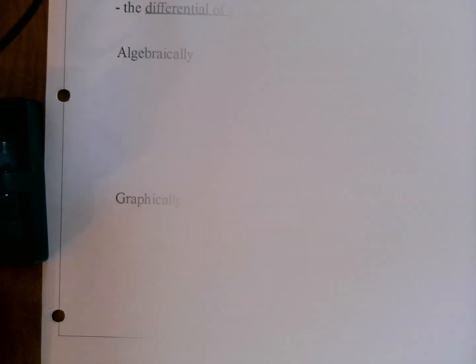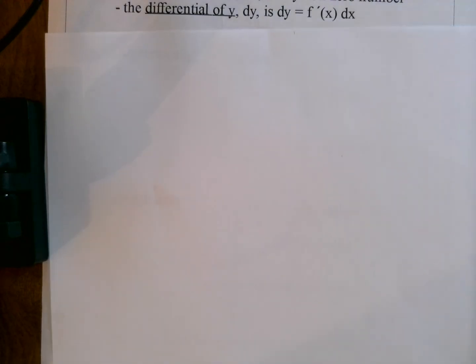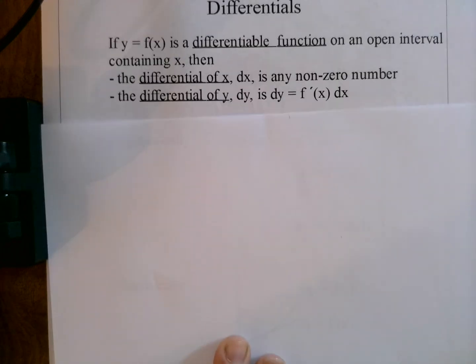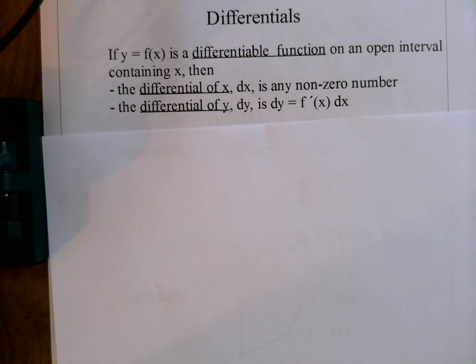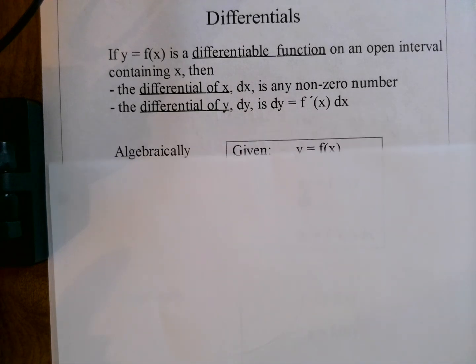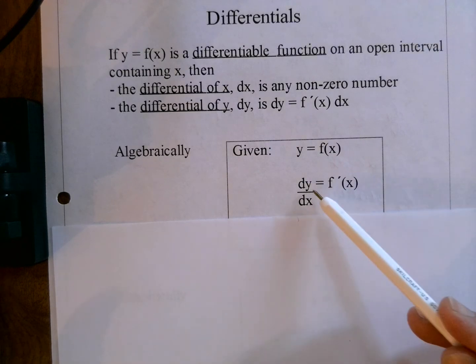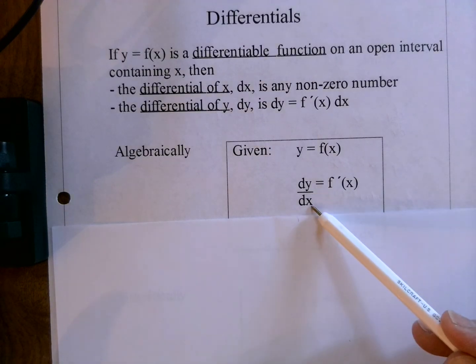Okay, differentials. Differentials, for the purposes of what we need to do, is just treating dy dx as a fraction. So algebraically, as y is changing, how is x changing?